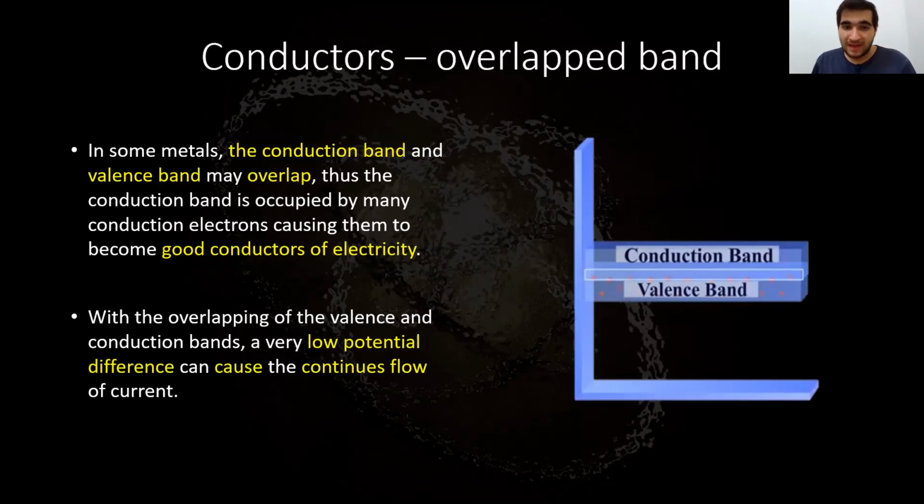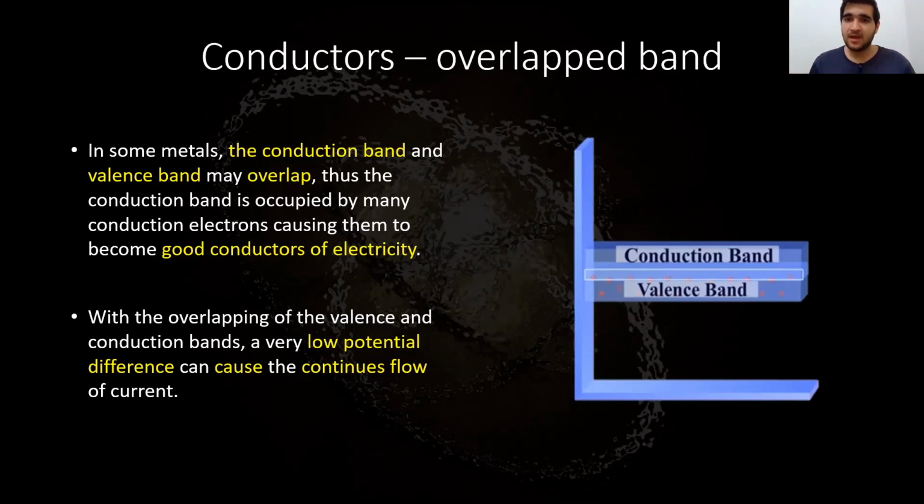With the overlapping bands, a very low potential difference can cause the continuous flow of current. Because these two bands overlap, we can have a continuous flow of electrons coming and going, which gives us almost continuous conductivity, and that criterion alone sets an overlapping band apart from a partially filled band.